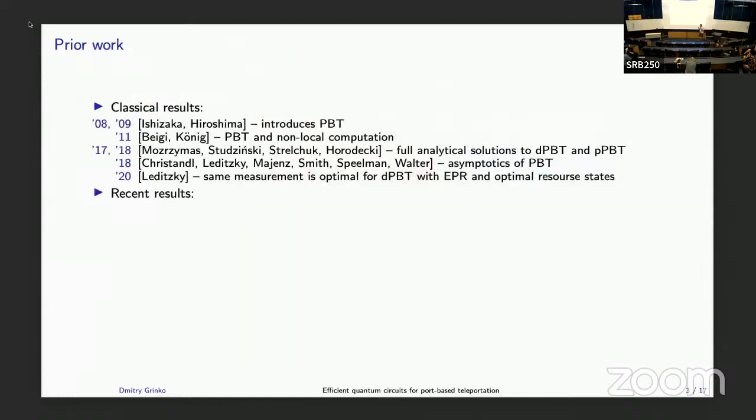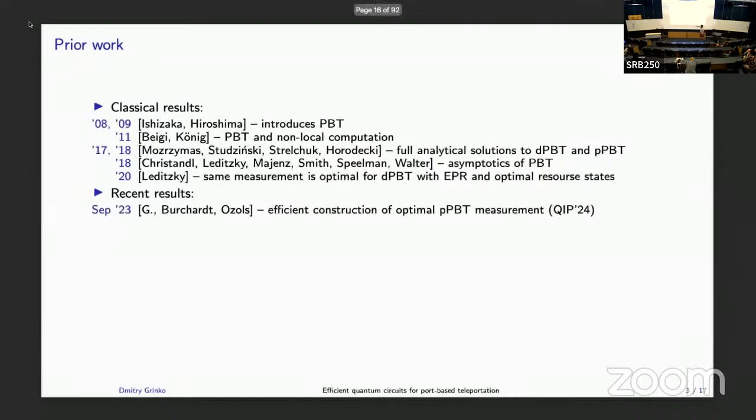Before I go to the low-level details of the construction, let me quickly cite all those by now classical results, which develop a full analytical understanding of those PBT protocols. And let me briefly comment on the more recent papers.